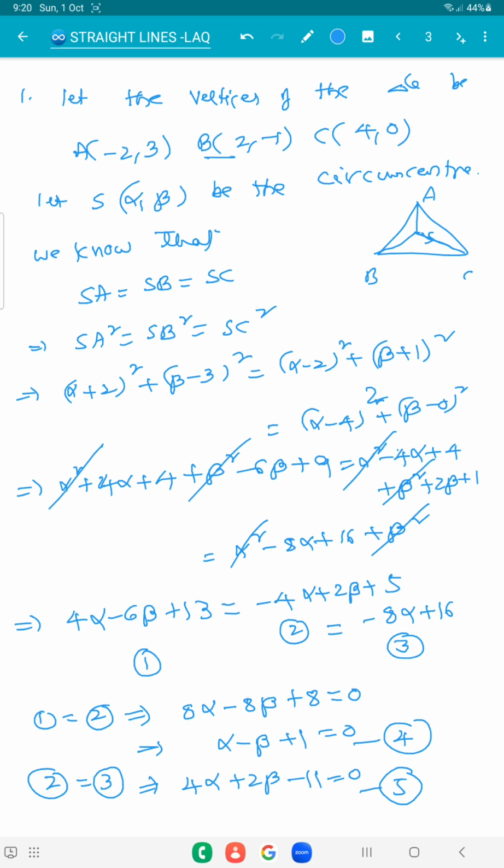Solving 4 and 5, I am using the cross multiplication method. Alpha is equal to the first determinant by the last determinant; the last determinant should be in the denominator. 2 plus 4, 6.